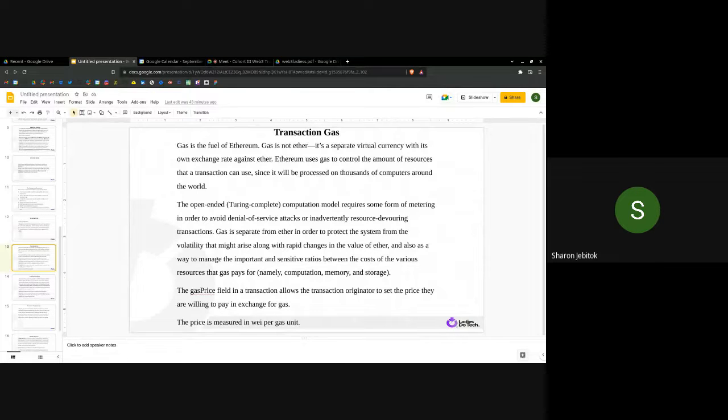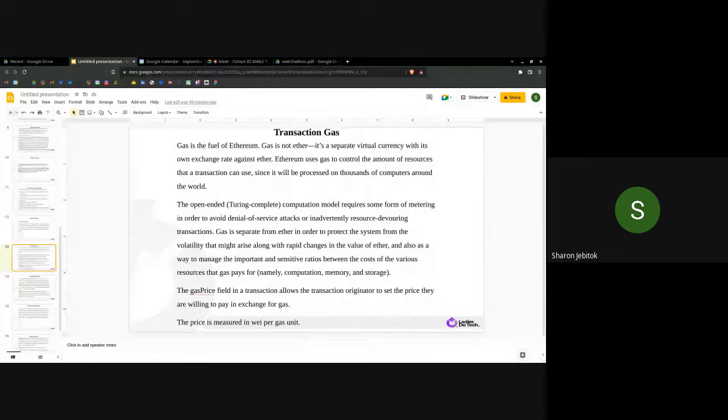They're saying that the Turing complete computational model requires that form of metering, checking the gas to avoid denial of service attacks or inadvertently resource-depleting transactions. So this could be the measures, or why we have these gases.